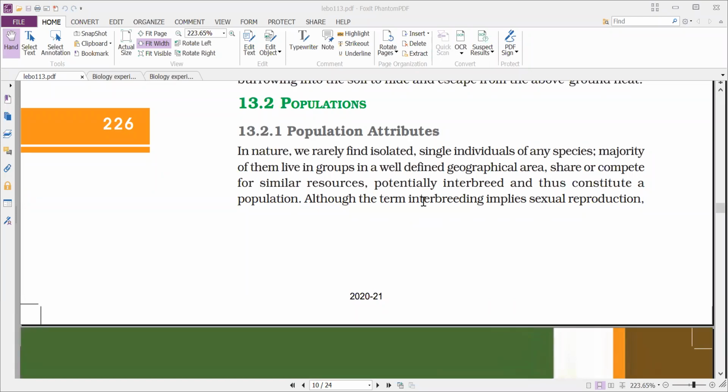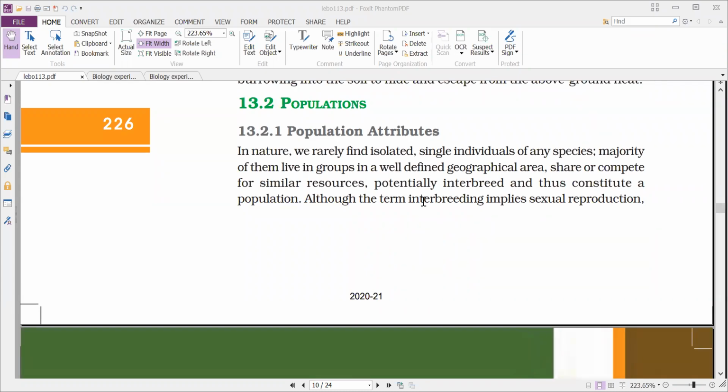That means every organism is restricted to a particular area, and they share or compete for similar resources. When you observe organisms belonging to one species, they belong to one particular geographical area, and they share the same environmental conditions and the same food material.